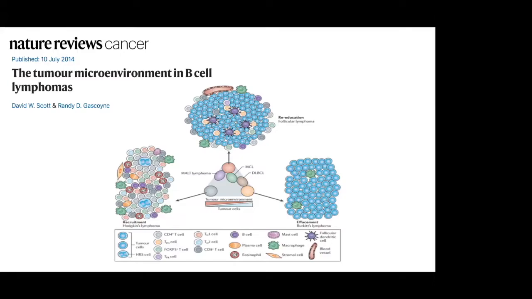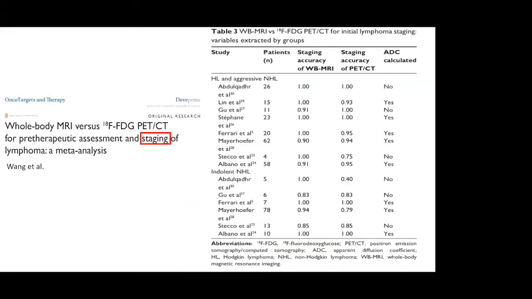Remembering that whole body diffusion imaging images cellularity, that has some repercussions in assessment. This systematic review and meta-analysis summarizes all the papers that have been published on staging lymphoma using whole body MRI and comparing that with PET-CT. They make a distinction between Hodgkin lymphomas and aggressive non-Hodgkin lymphomas versus indolent non-Hodgkin lymphomas. As you can see, most studies are quite small.